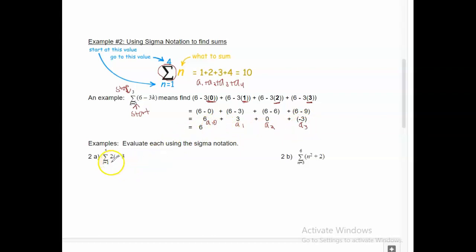So now it's asking us to form the first to the 5th of each of these. So I want to have when i equals 1. The first term is 2 times 1 plus 3. I want when i equals 2.